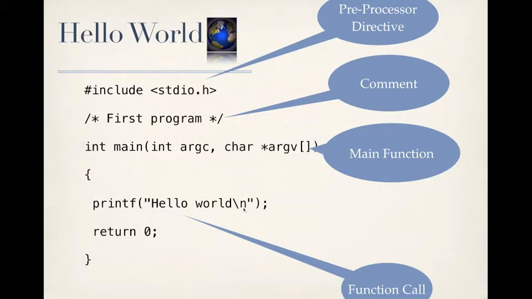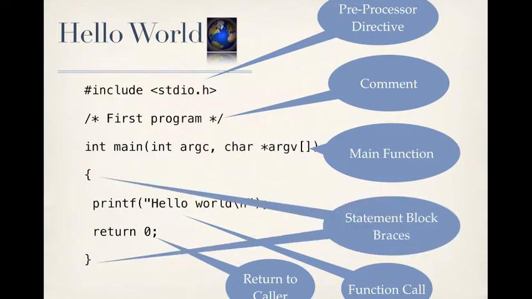Then finally, we have to return something. We know here we specified that there is an int return value. And by convention, if there is no problem in the program, we return 0. Good. And then finally, again totally identical to C#, we have the curly braces to enclose blocks of code.